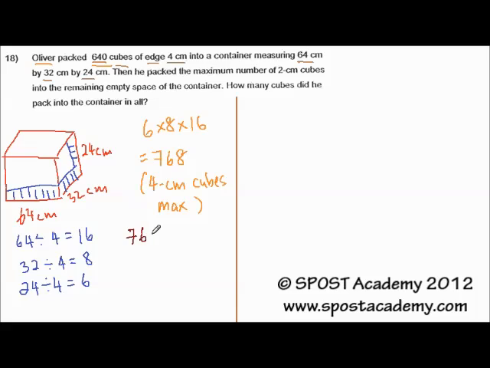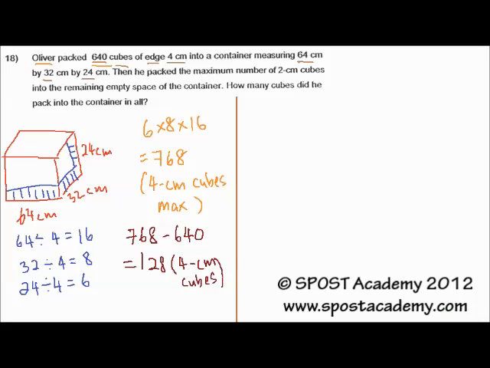So I use 768 minus 640 cubes, and I will get 128 cubes, which means that there's more space to put in 128 4 cm cubes.